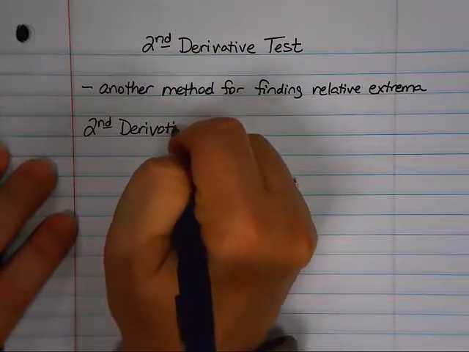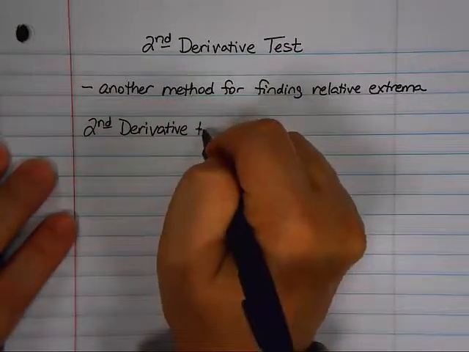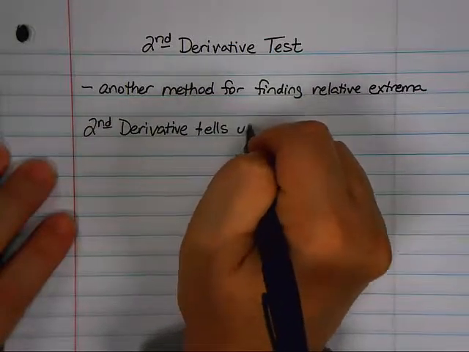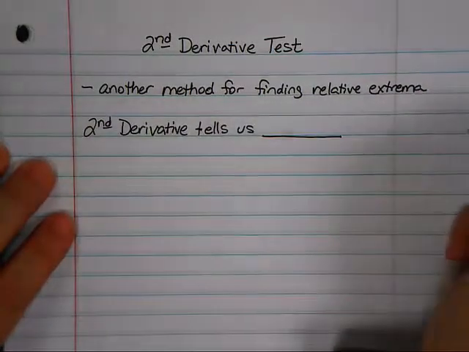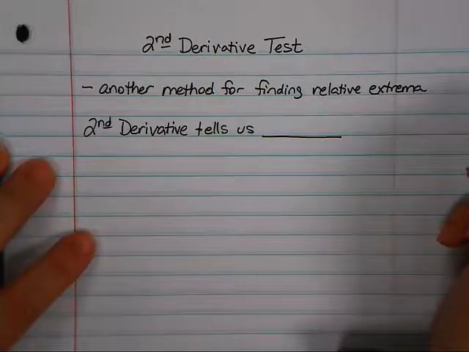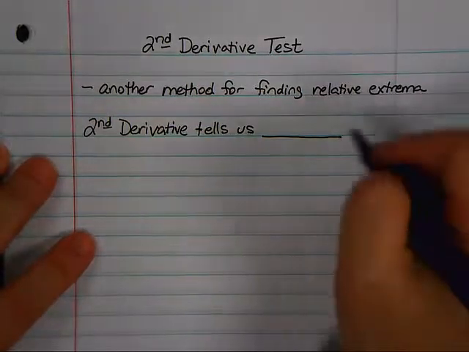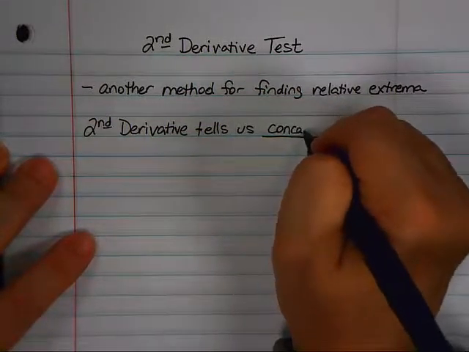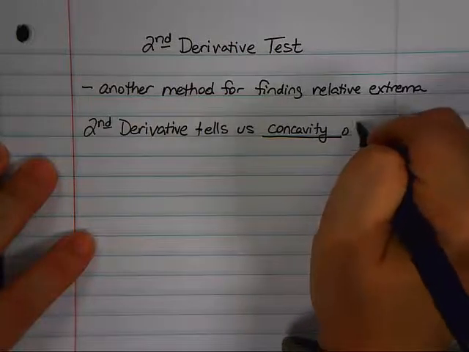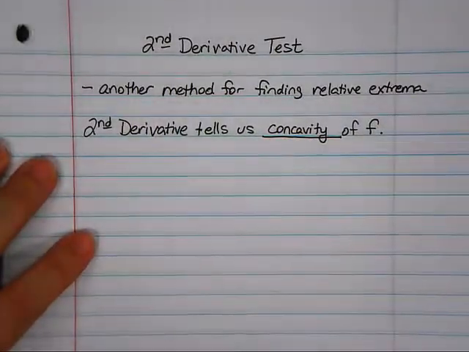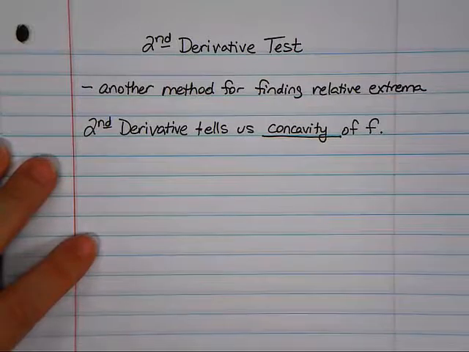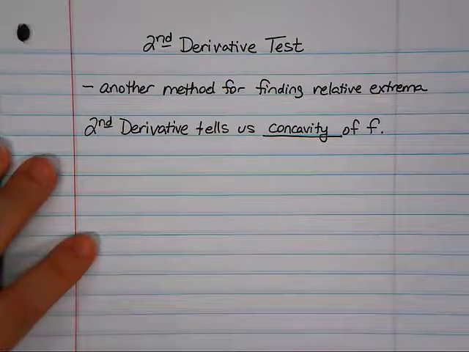Second derivative tells us blank. What does it tell us? Concavity of f. It tells us the concavity of a function. Okay? So I want to review real quickly because the concavity is the key for knowing whether it's a max or a min.